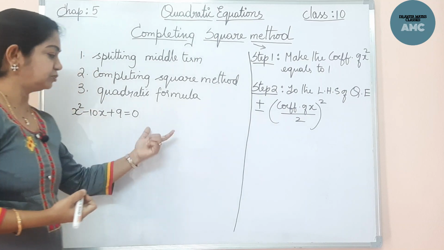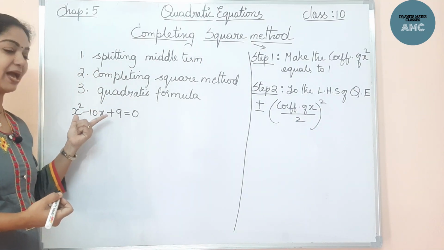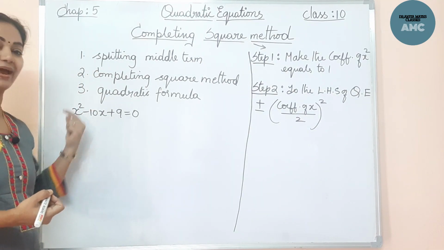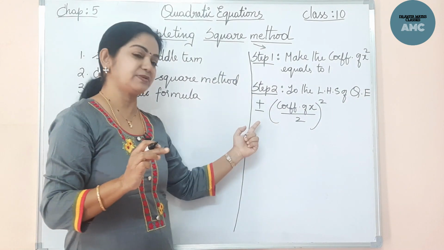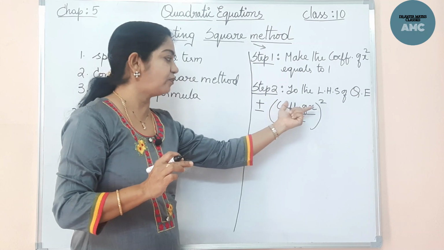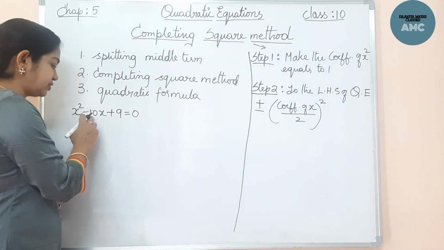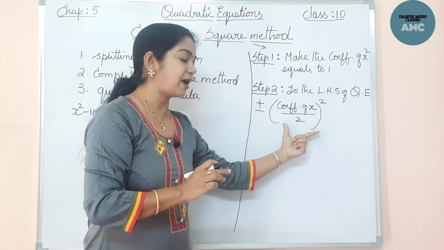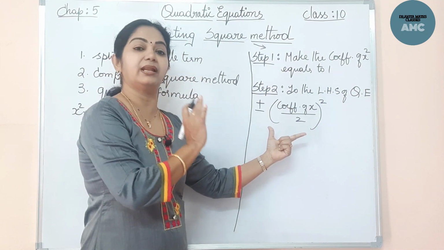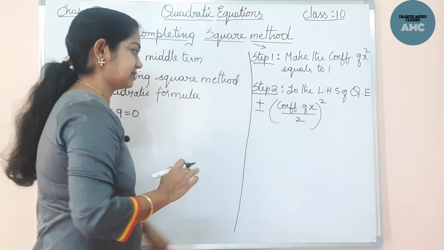So, to the LHS side, we have to add as well as subtract. If you add and subtract, there won't be any change in the value. What we have to add is the coefficient of x by 2 whole square. This part you have to add and subtract to the LHS part. This is the second step.